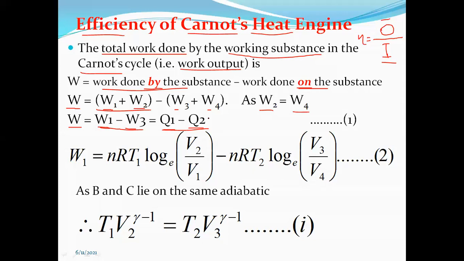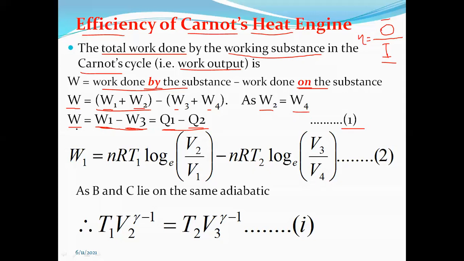Both source and sink have infinite capacity to radiate or supply and to absorb heat respectively. So this is in terms of work done by the substance in isothermal expansion and isothermal compression. This is equation number 1.